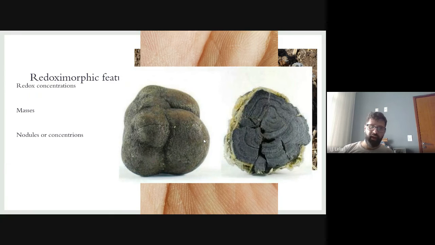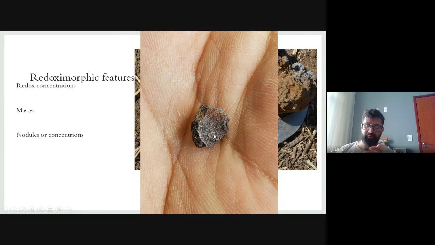And we have these materials that present a specific organization. When we have this specific organization, when we have layers like this manganese oxide, we have a concretion. So this is a manganese oxide concretion, and this is an iron nodule.